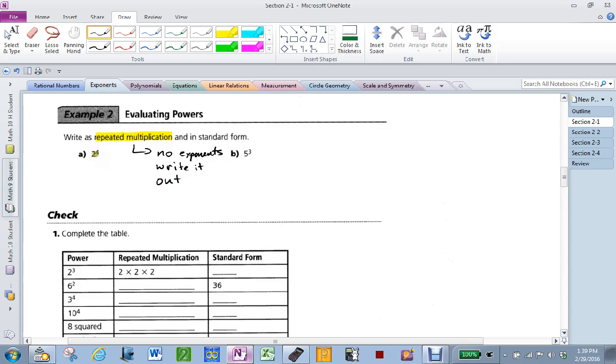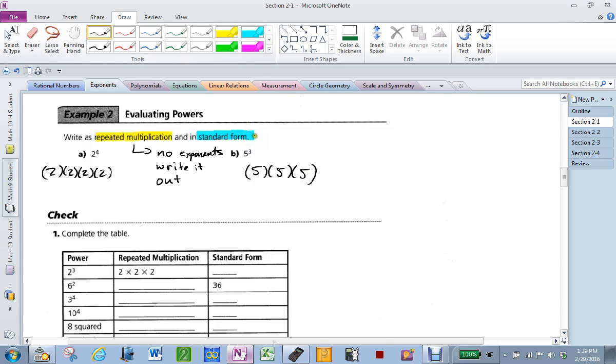So what is this in repeated multiplication? 2 times 2 times 2 times 2. Cool? What is this? 5 times 5 times 5. Everybody good? All right.